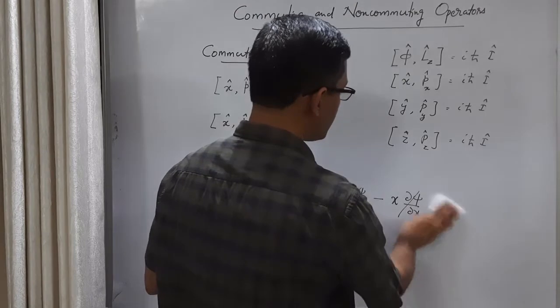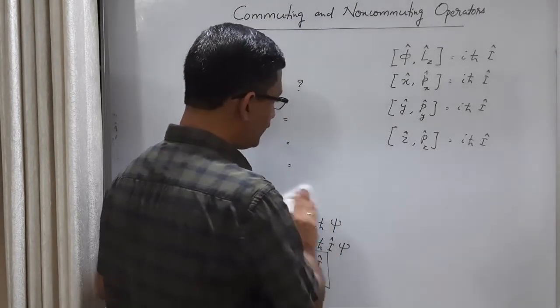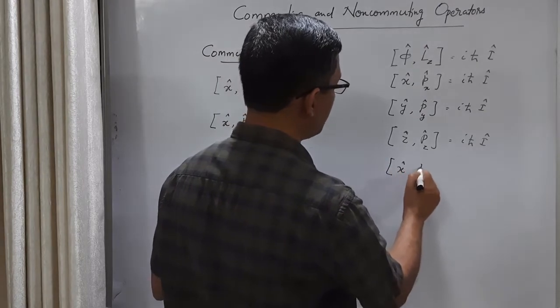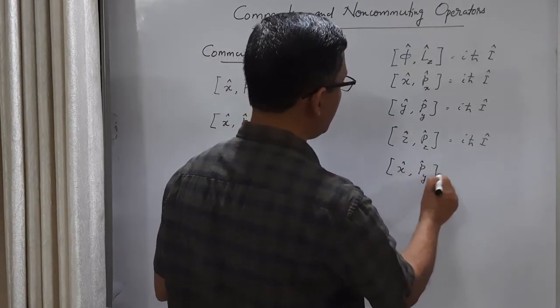Whereas if we take, let us say, x comma py, they are commuting.